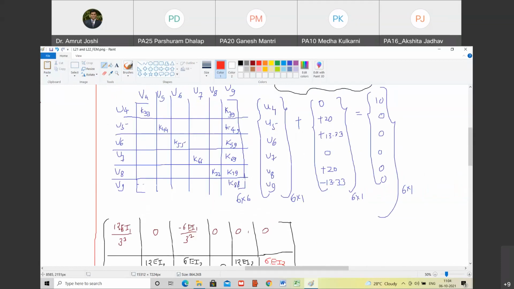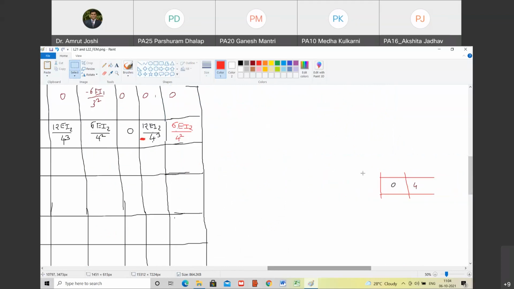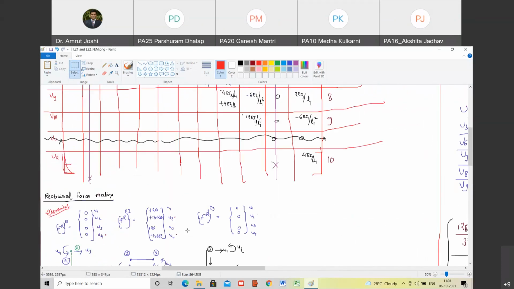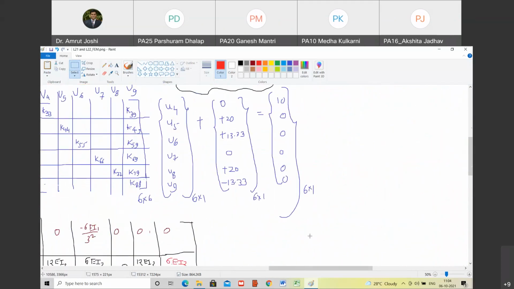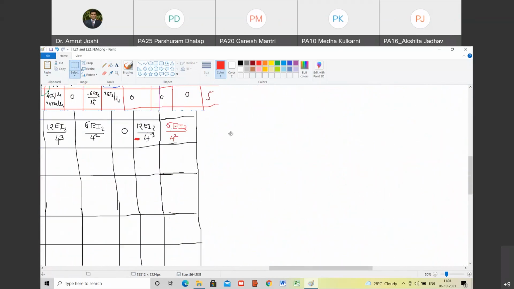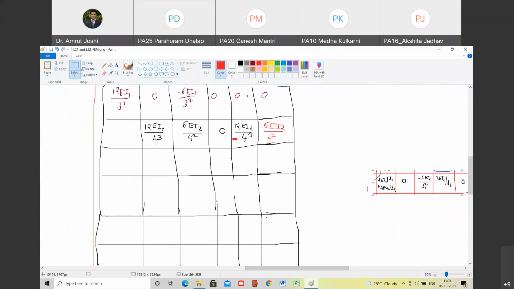Now let us look at K55. So I am going to borrow the fifth row. So where is the fifth row? This one. If I take that row here, it is 4 EI1 upon L1 plus 4 EI2 upon L2. Yes, sir. There are two terms.